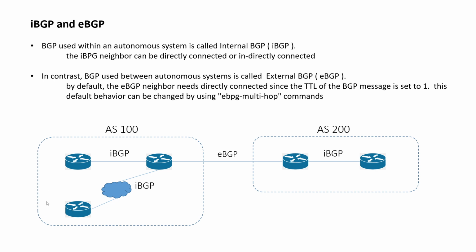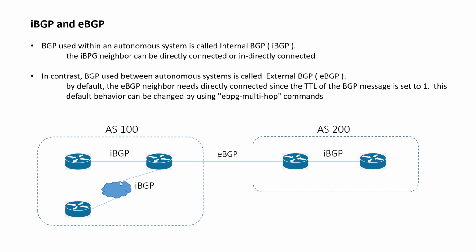The diagram below illustrates this situation. You see this AS called AS100, and there are several routers inside AS100. Within the same AS number, if two routers run BGP, that's called iBGP. Here I illustrate that iBGP can be directly connected, and can also be indirectly connected like this one.